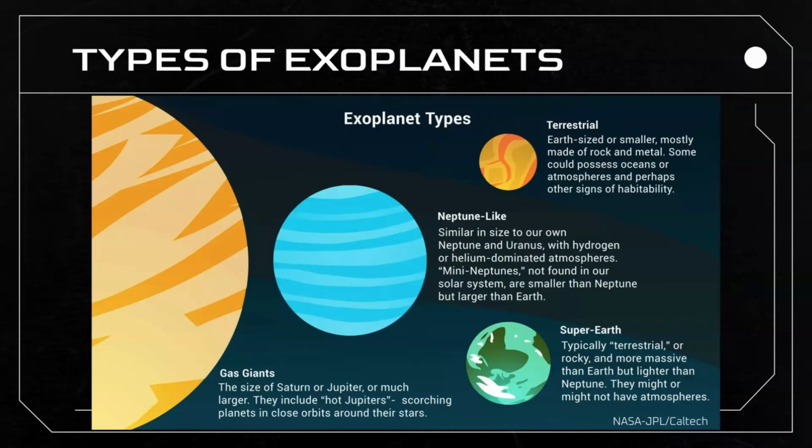Then Neptune-like planets are similar to Neptune, Jupiter-like or gas giants are similar to Jupiter or larger, and super Earths are larger than Earth, roughly twice its size. So they're roughly split up into size classes and whether or not they have extended atmospheres.